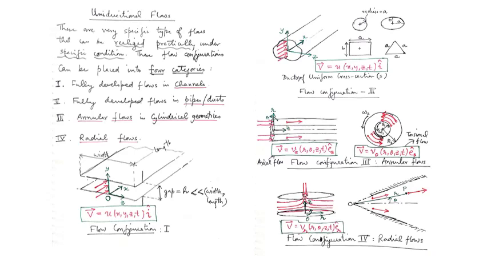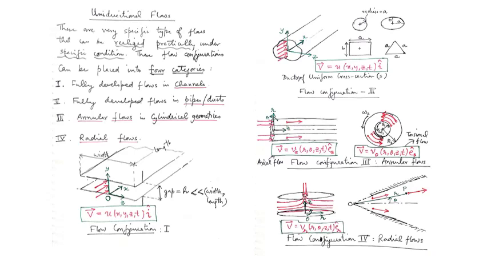Again, the Cartesian coordinates are shown, with x being the direction along the length of the pipe or duct, so it is the axial direction, parallel to the axis of the pipe or duct. And the red arrows indicate a uniform flow entering this pipe or duct, directed along the x direction.